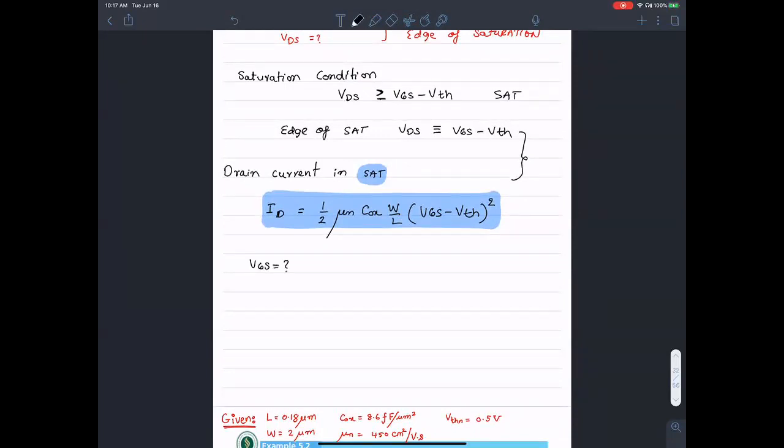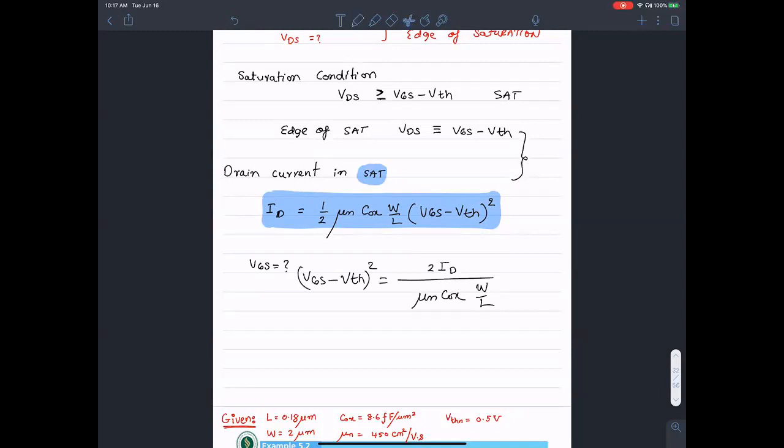In order to find VGS, I'm going to rearrange this equation. I take all the terms to the other side: 2 times ID over mu n C oxide W over L is going to be VGS minus VTH, the whole squared.